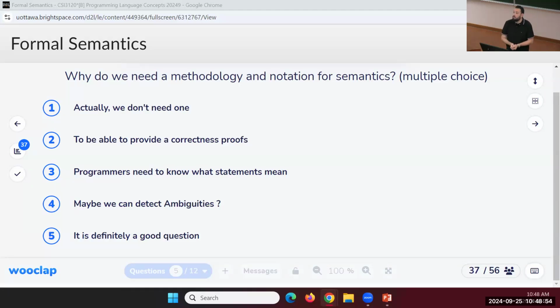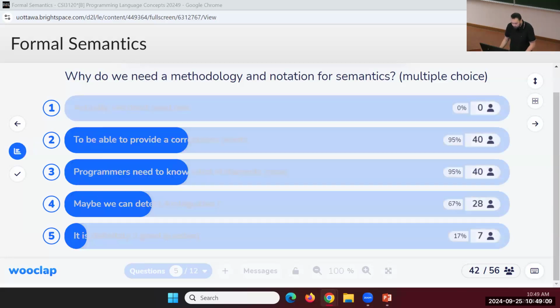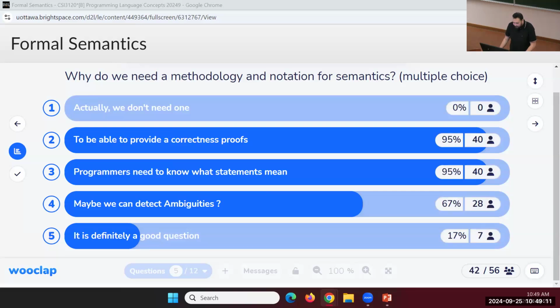You're going to get some questions about understanding some things. Because you're third-year computer scientists, you need to know, for example, the difference between formal semantics and static semantics. Correct? Okay, it's definitely a good question, but it's all of these three. Maybe we can detect ambiguities, of course. If you have the formal semantics in front of you, you're going to check, is there ambiguity in here or not? So the three of them.